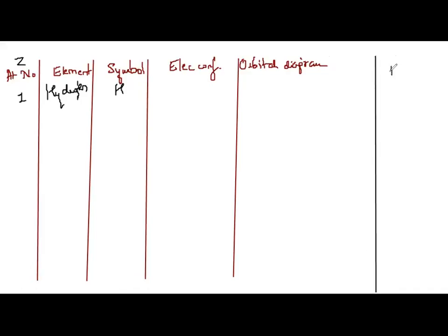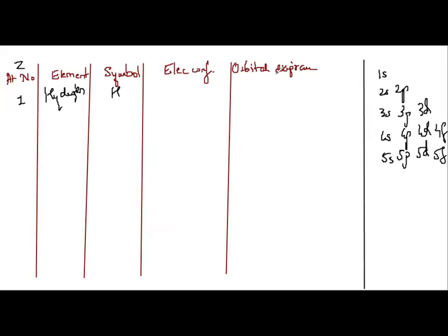So first comes 1s, 2s, 2p, 3s, 3p, 3d, 4s, 4p, 4d, 4f, 5s, 5p, 5d, 4f, 5f, like this, and we will show them the arrow marks in which we are going to progress.